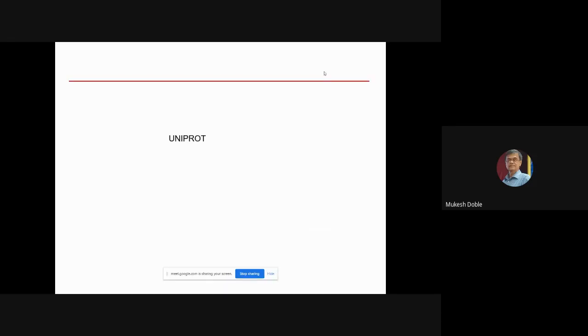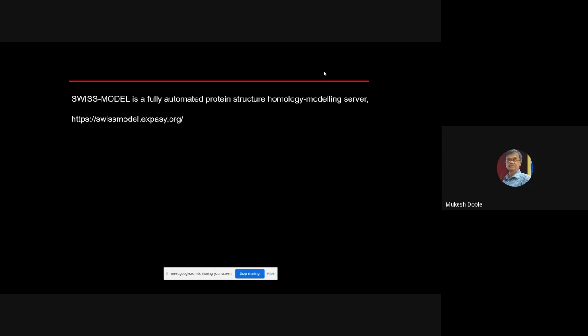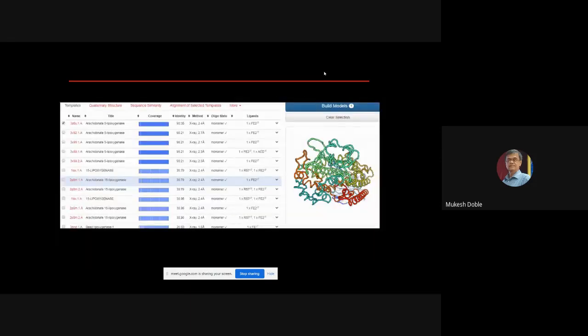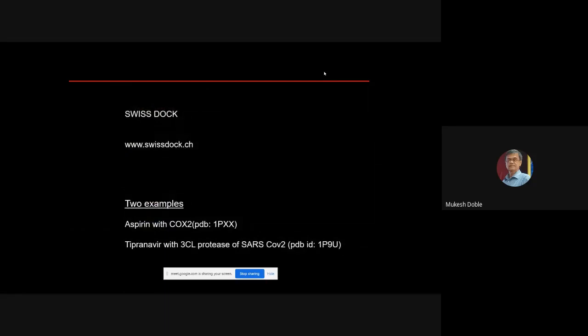The UniProt database contains the 2D sequence of millions of proteins, peptides and small macromolecules. PDB databases contain the 3D structures of maybe lakhs of proteins. Then I showed you examples of how Swiss model is built. And then docking. There are many docking softwares.